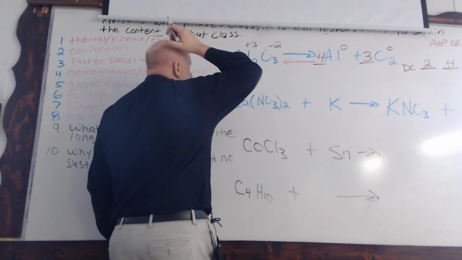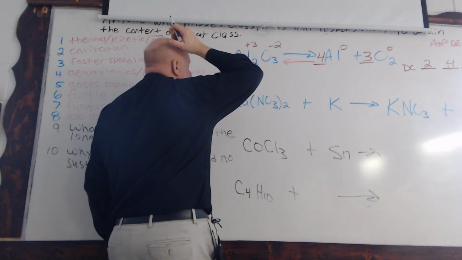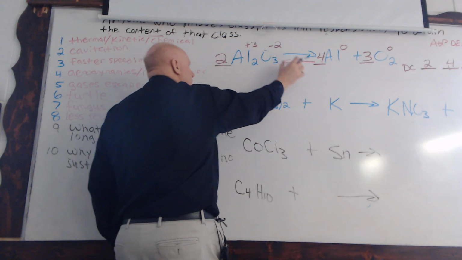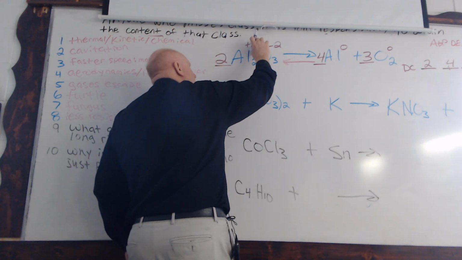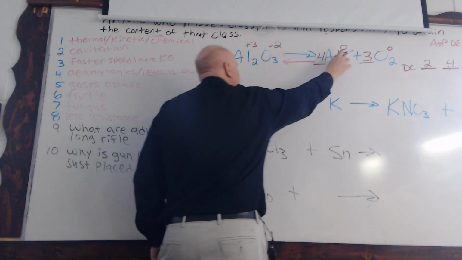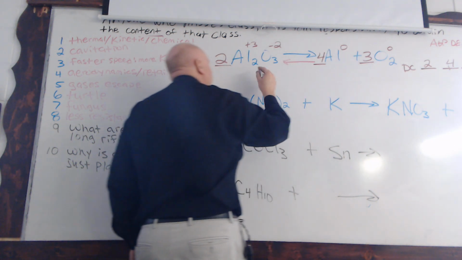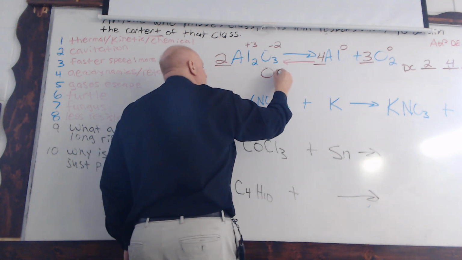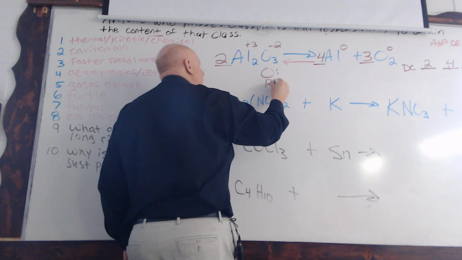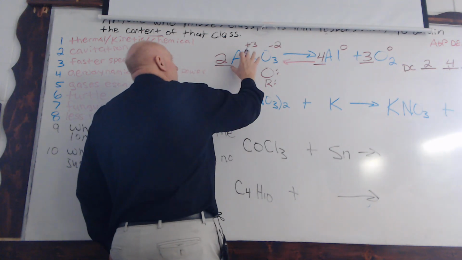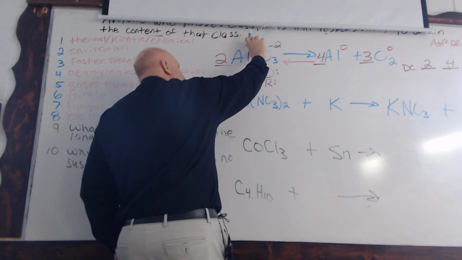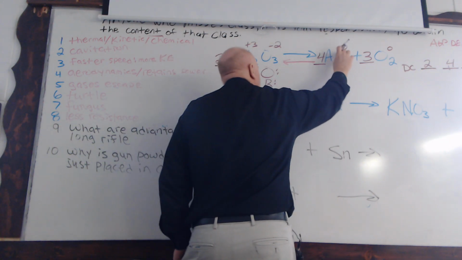Did it get reduced or did it get oxidized? It got reduced because it went from 3, 2, 1, and then to 0. Okay? So we have oxidation and we have reduction. Okay? So it started at a +3 and it went down to 0.